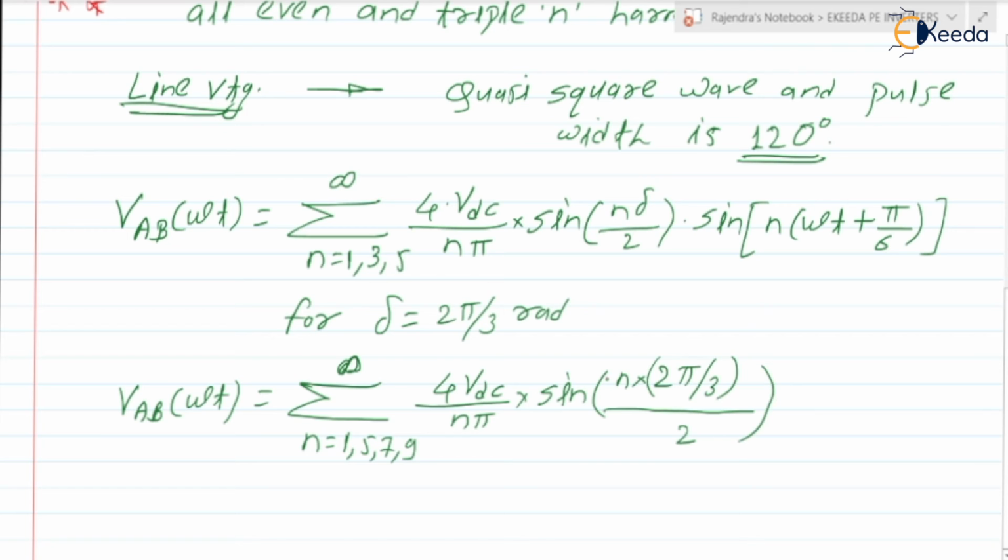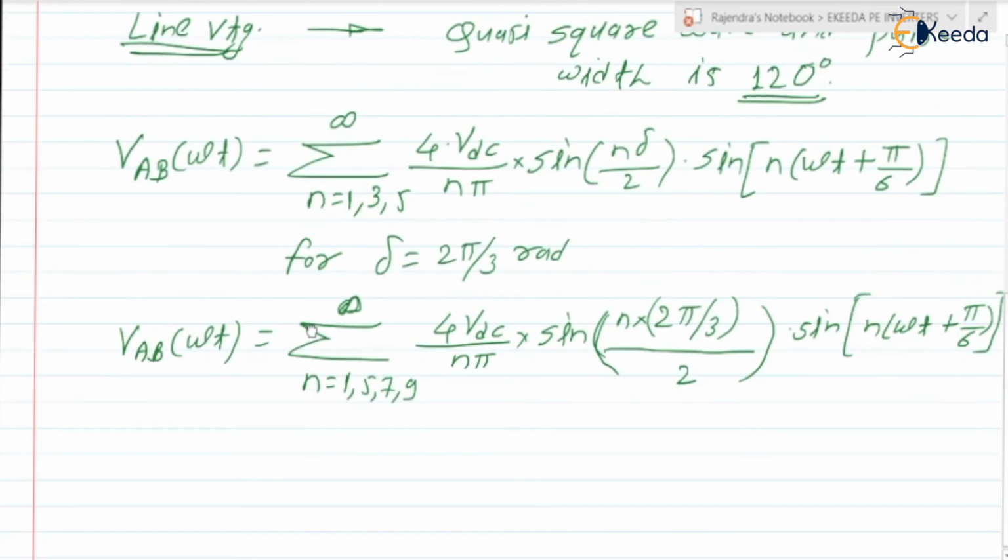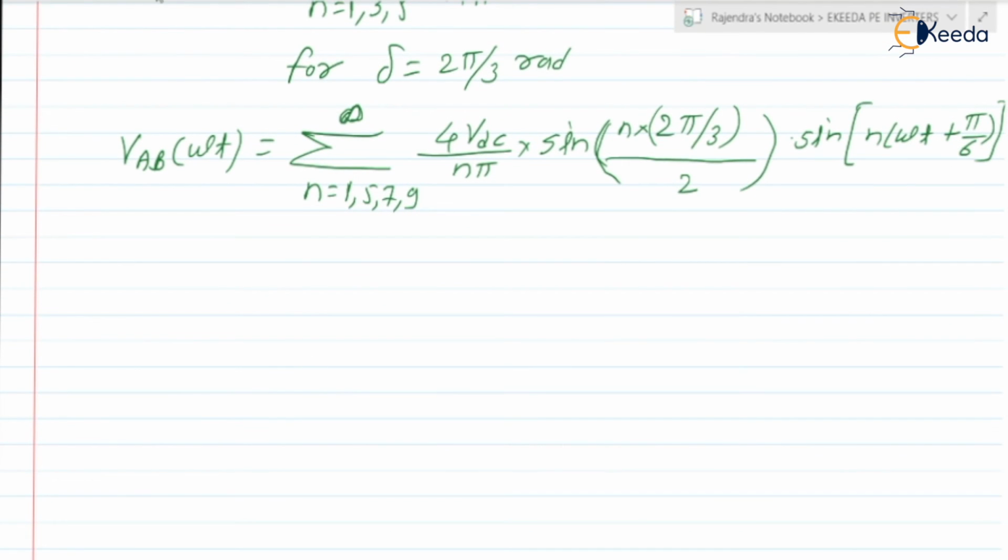This is the one term, into sine of n into omega t plus pi by 6.